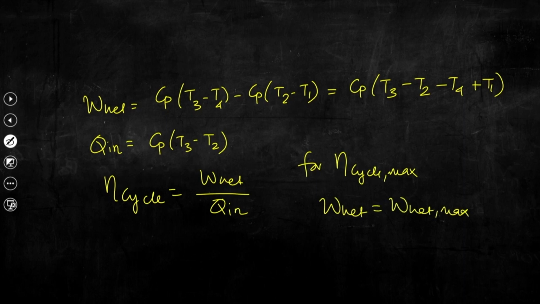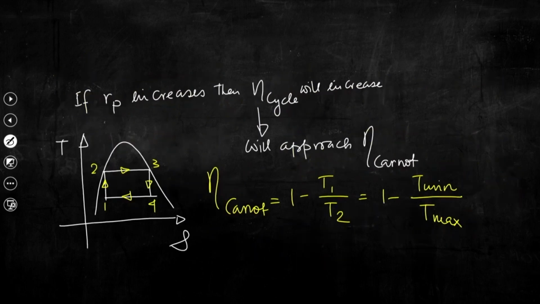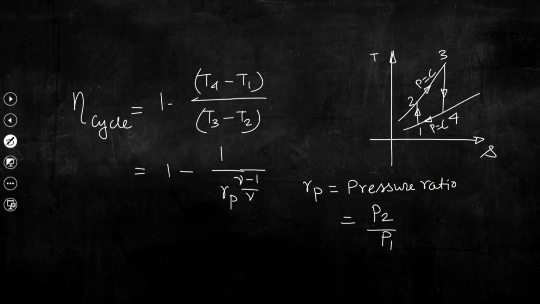So, now let us do here. W net equal to Cp into T3 minus T2 minus T4 plus T1. Now, if we go back to the slide, 1 to 2 and 3 to 4 are reversible adiabatic processes: reversible adiabatic compression 1 to 2, and 3 to 4 reversible adiabatic expansion.